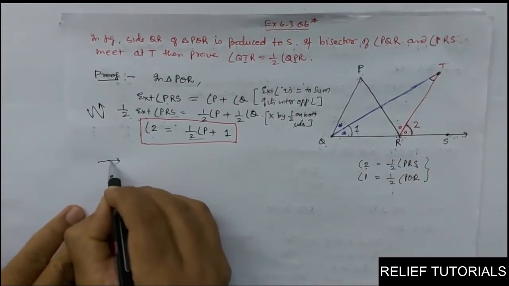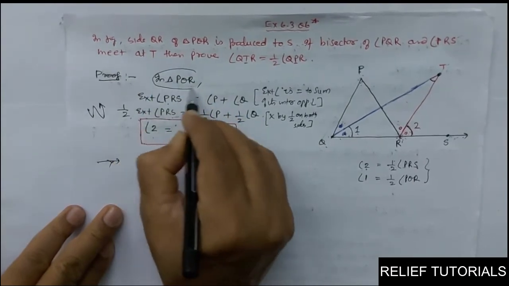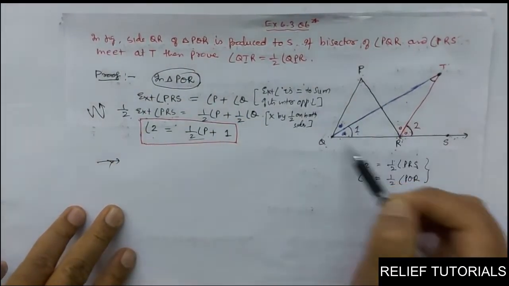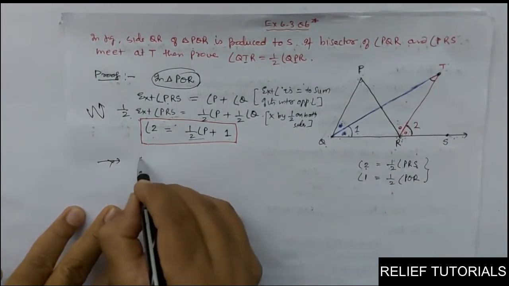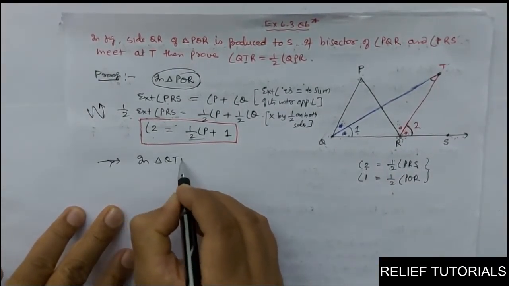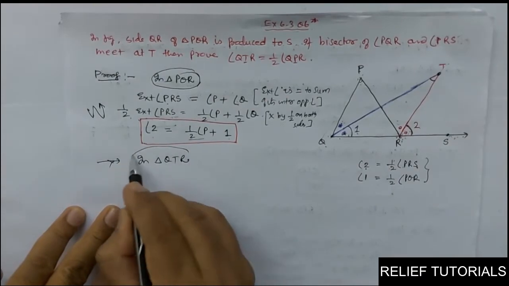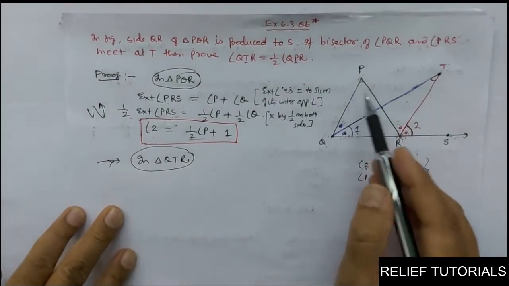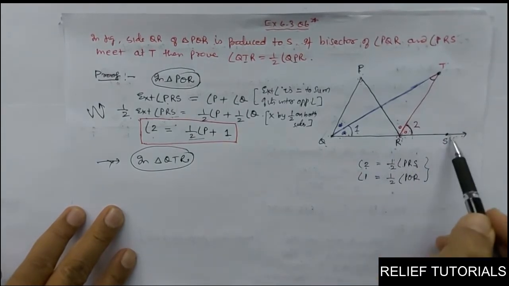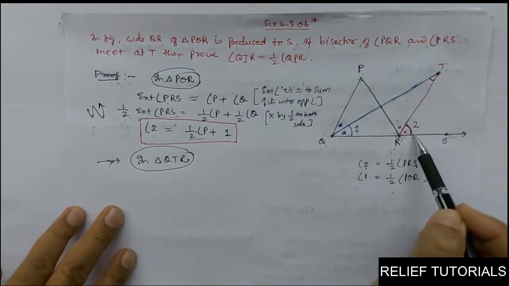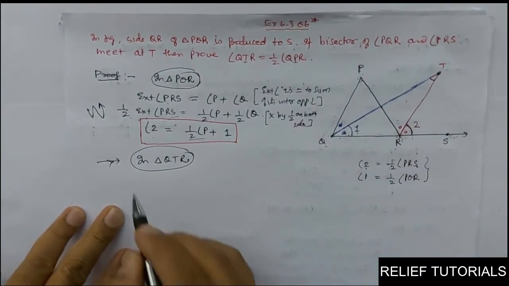Now, second phase. First we have considered triangle PQR. Clear? Now we will consider another triangle, that is QTR. So in triangle QTR, just apply the theorem. In triangle QTR, see, TRS, that is angle 2, is an exterior angle.